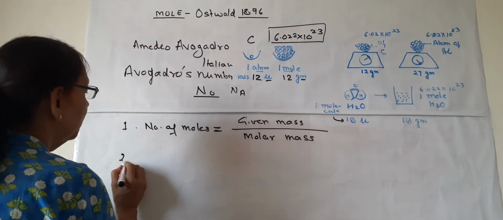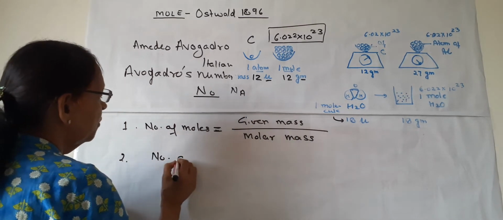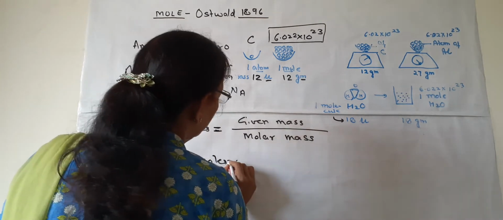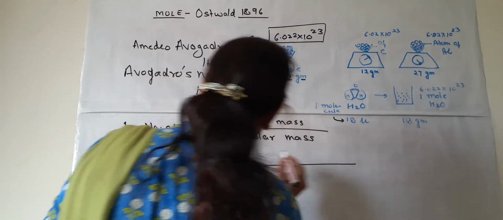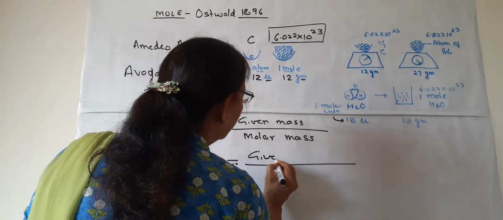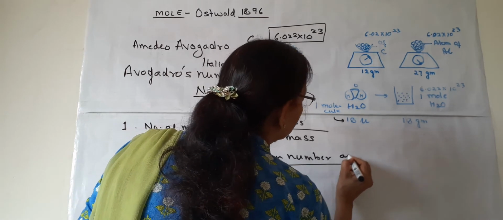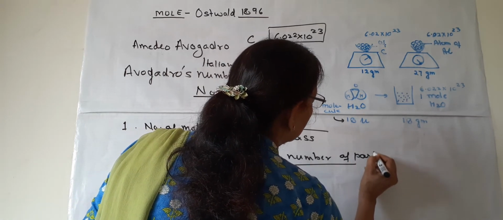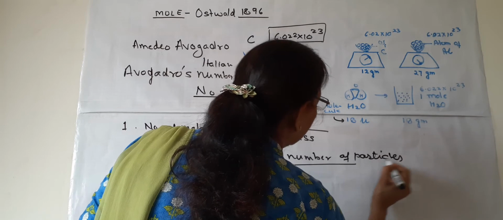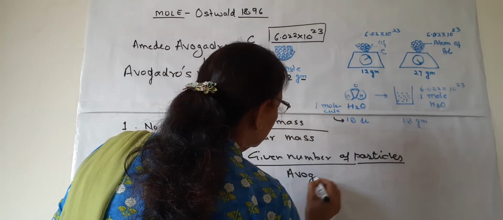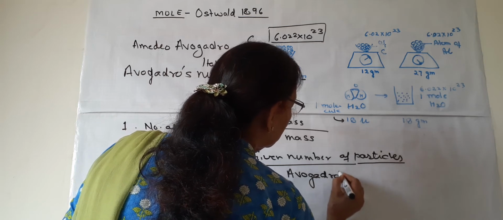The second formula is number of moles is equal to given number of particles divided by Avogadro's number.